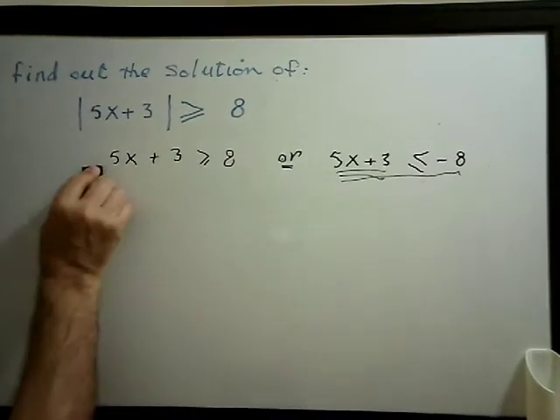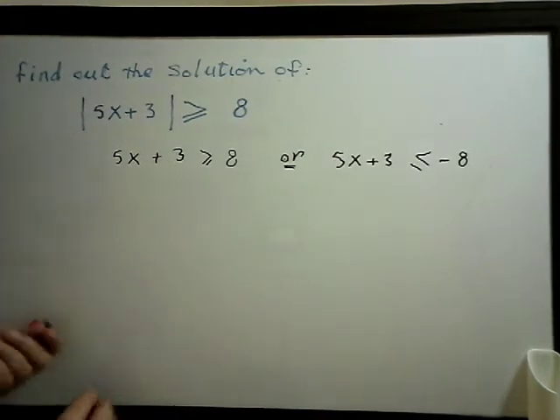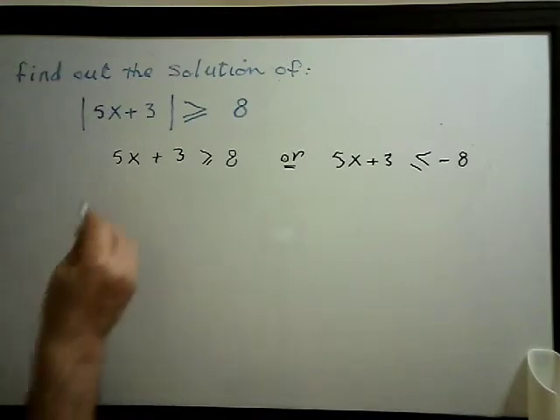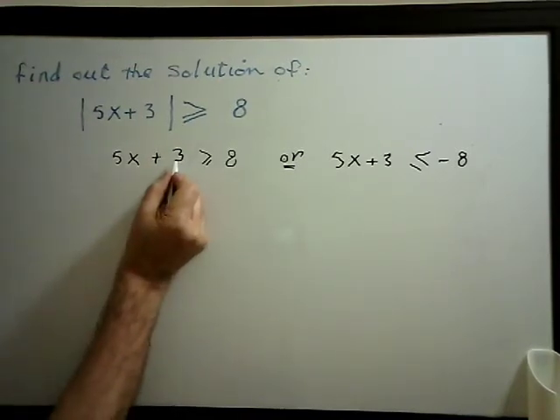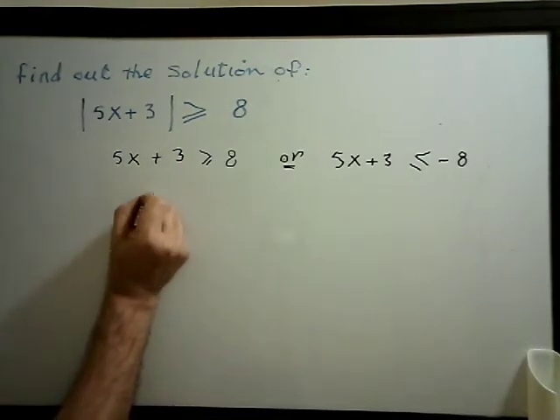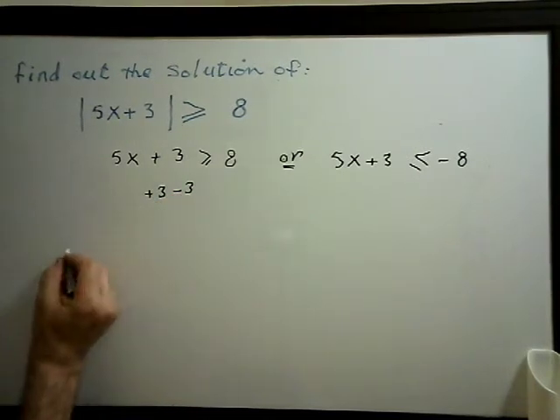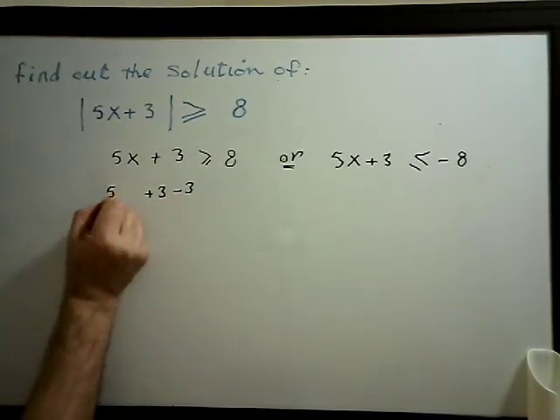Now we try to simplify both of these two new inequalities. The first one, just transfer plus 3 to the other side, so it will be plus 3 and negative 3 here, and 5x is still there.